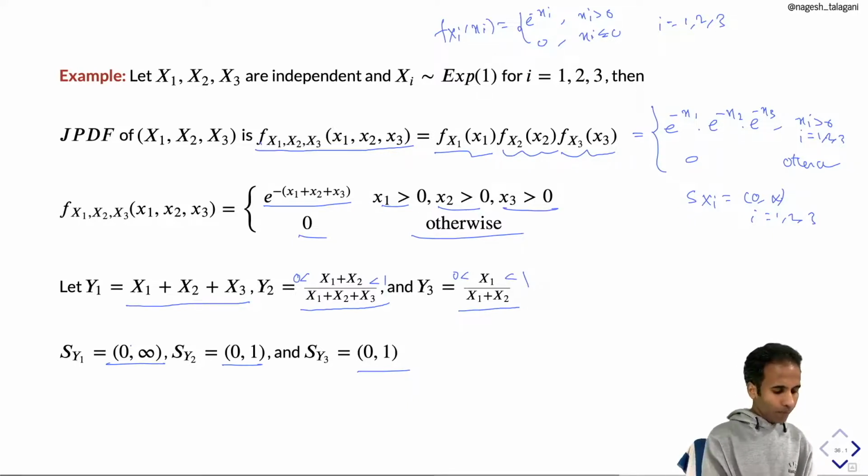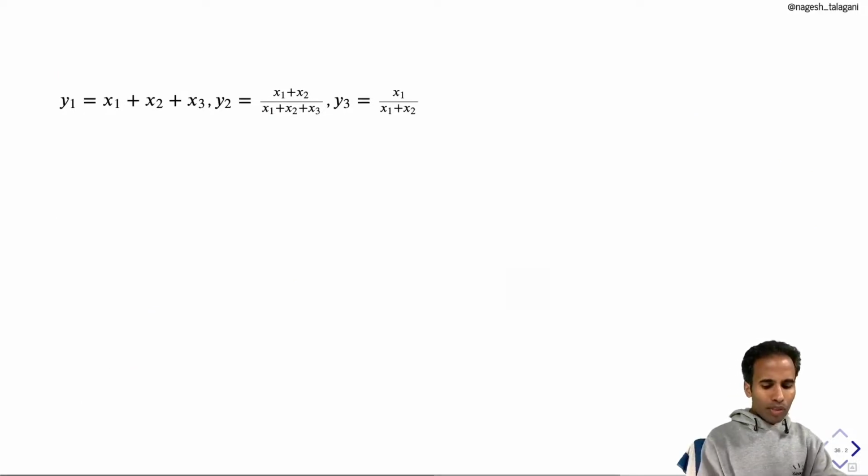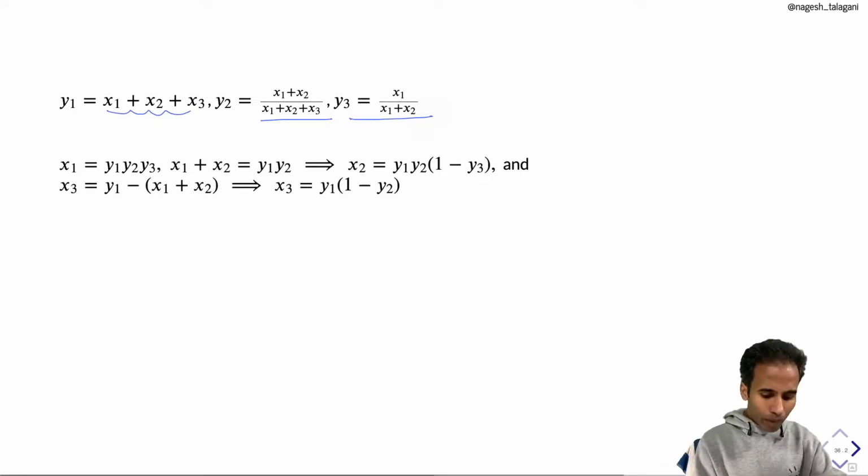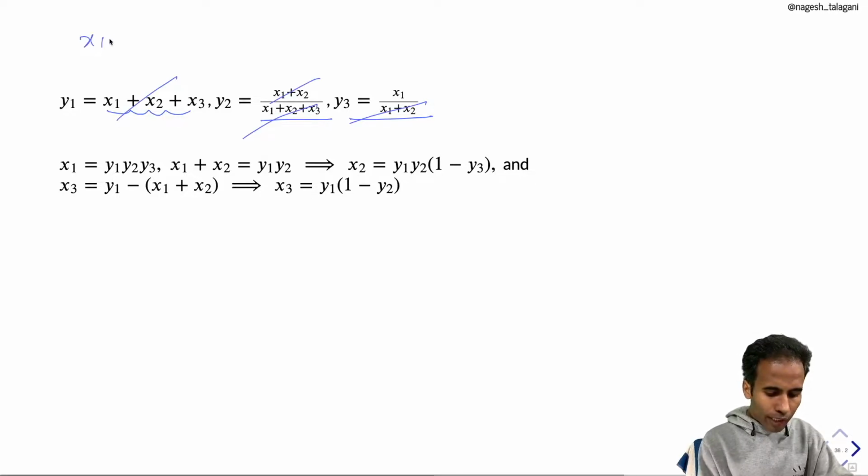Now these transformations, Y1 equals X1 plus X2 plus X3, Y2 equals (X1 plus X2) by (X1 plus X2 plus X3), and Y3 equals X1 by (X1 plus X2), can be uniquely solved for X1, X2, X3 in terms of Y1, Y2, Y3 like this. If you multiply Y1, Y2, Y3, what happens? This one cancels, this one cancels, so you will get X1 equal to Y1 Y2 Y3.